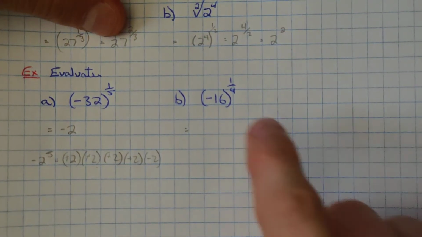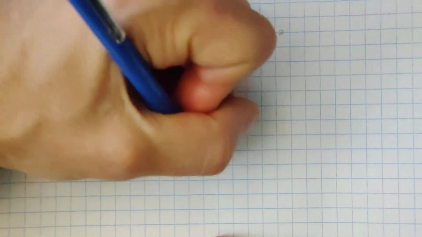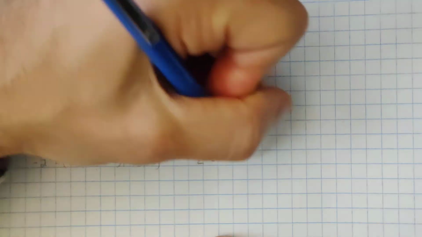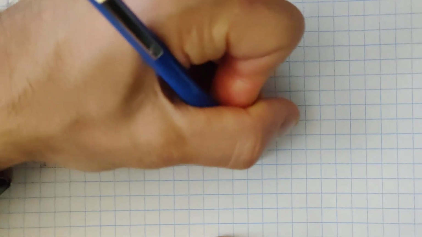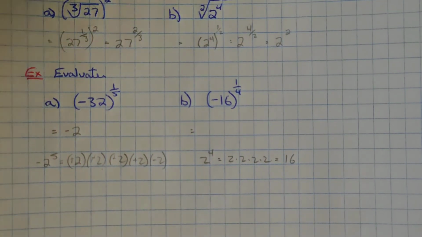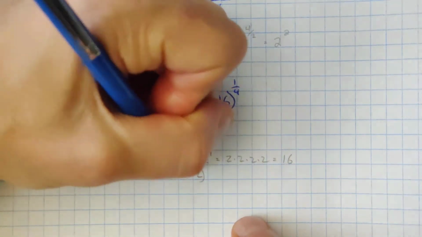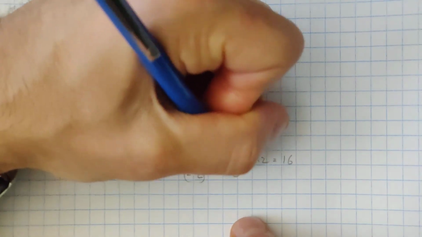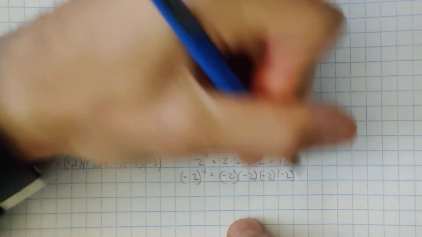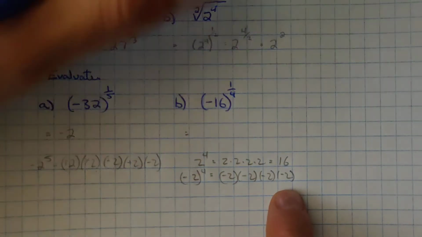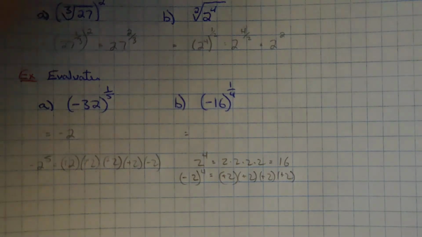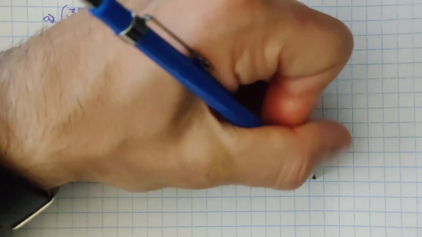Well, I know that 2 to the power of 4 is 16, because 2 times 2 times 2 times 2 is equal to 16. But if we try to do -2 to the power of 4, well, that's -2, -2, -2, and -2. We have an even number of negatives here. These two make a positive, these two will make a positive, and we're going to be left still with positive 16.